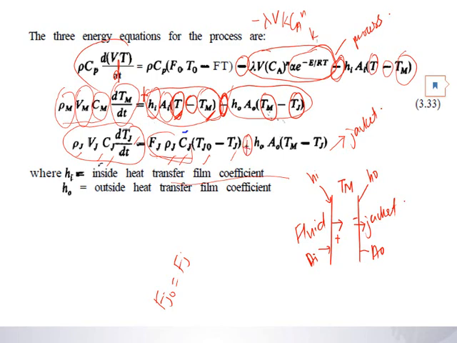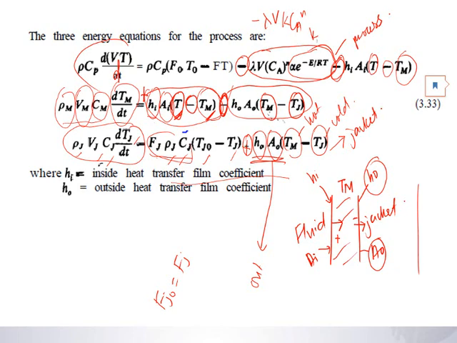And again, H0, A0, and you have Tm minus Tj. The hot minus the cold. This one represents out, not initial. The A out and your H out between the wall and the jacket.